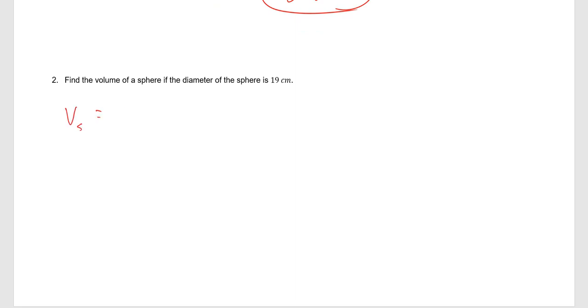Next, find the volume of a sphere if the diameter of the sphere is 19 centimeters. We have the volume of a sphere as 4/3 pi r cubed. So we have 4/3 pi, and if the diameter is 19, the radius is 19 over 2, cubed. 19 over 2 is 9.5. So 9.5 cubed is 857 and change.